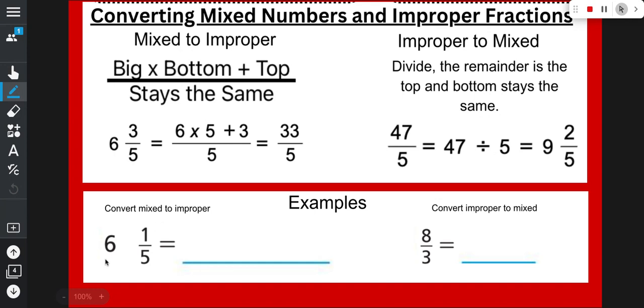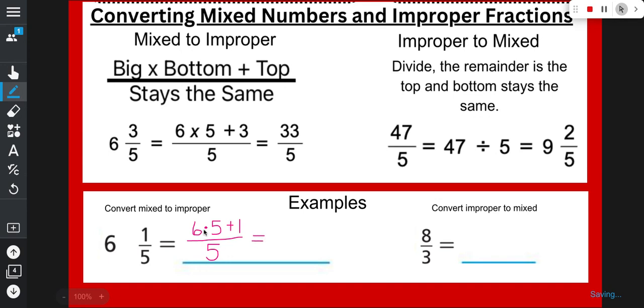Let's try our example problem for this. If we have 6 and 1/5, we're going to do big number times our bottom number, because that's how many whole pieces we had, plus our top number, because that's how many are still left over. Our bottom number stays the same.